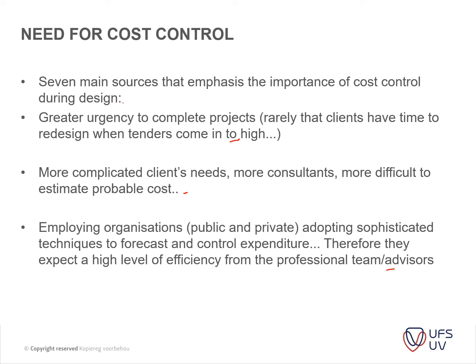Another example might be if it's a very intricate structural design, the cost advisor will need that information to produce the correct estimation, so that he has all of the information that he can actually base his estimate on. So again, you can only do an estimate on available information, thus the emphasis on getting the information as quickly as possible.